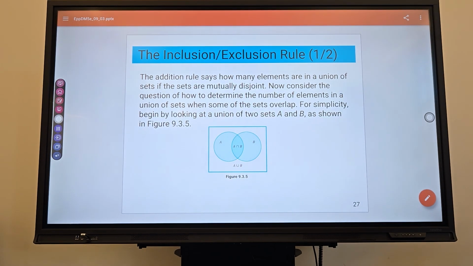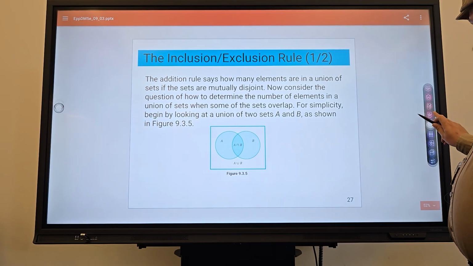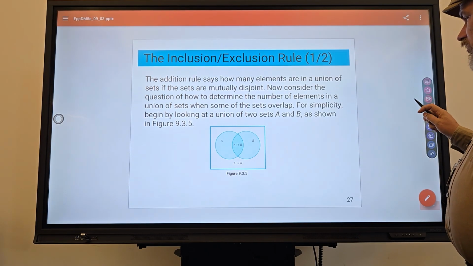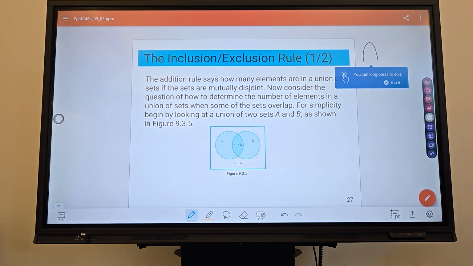This symbol here is the intersection symbol.